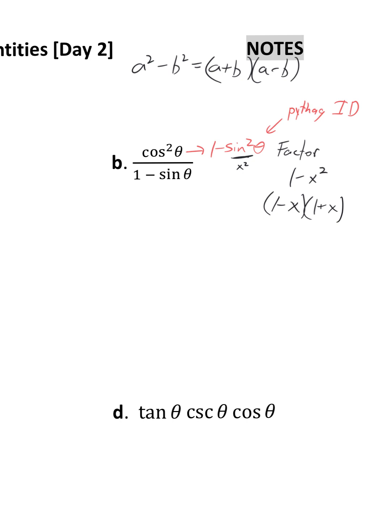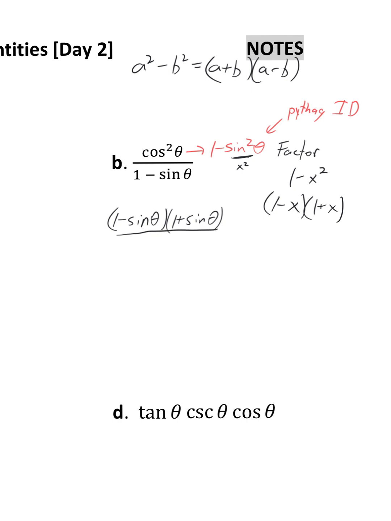We aren't really talking about x's here. We were talking about sines. So we have something like this. 1 minus sine theta times 1 plus sine theta as the factored form of cosine squared, which has been made into 1 minus sine squared. Okay, so if you factor this, this is what we end up with.